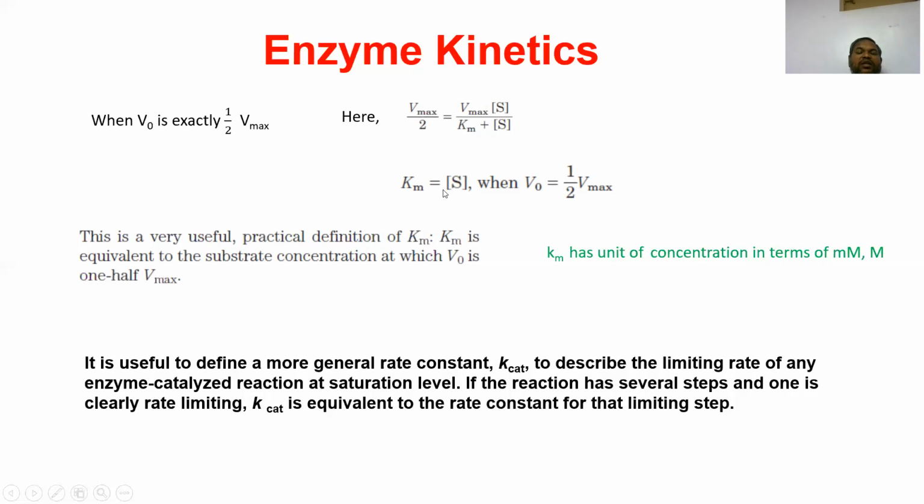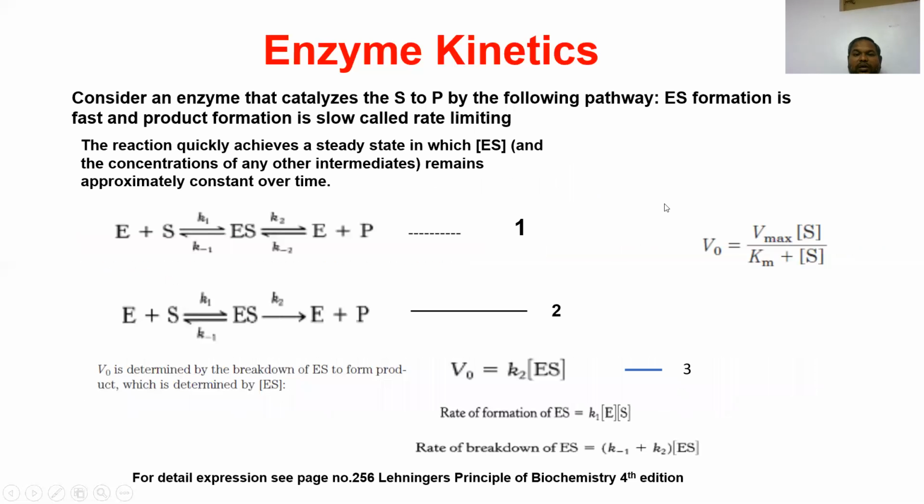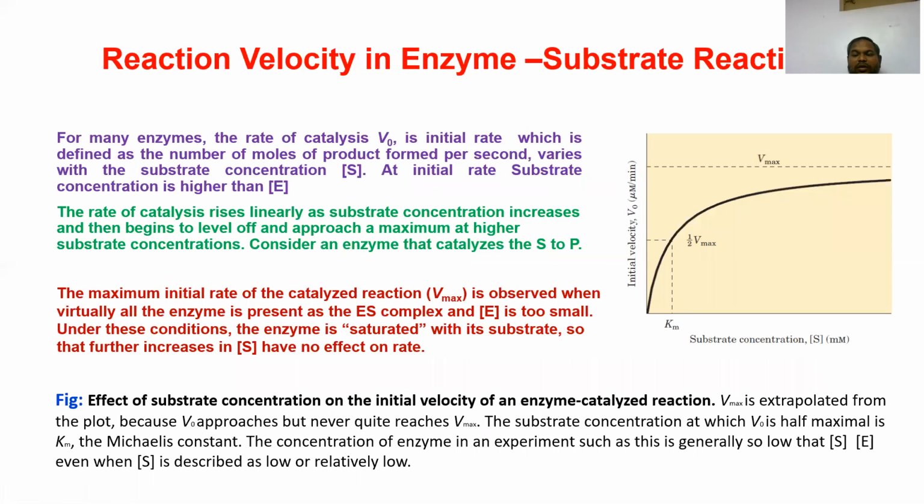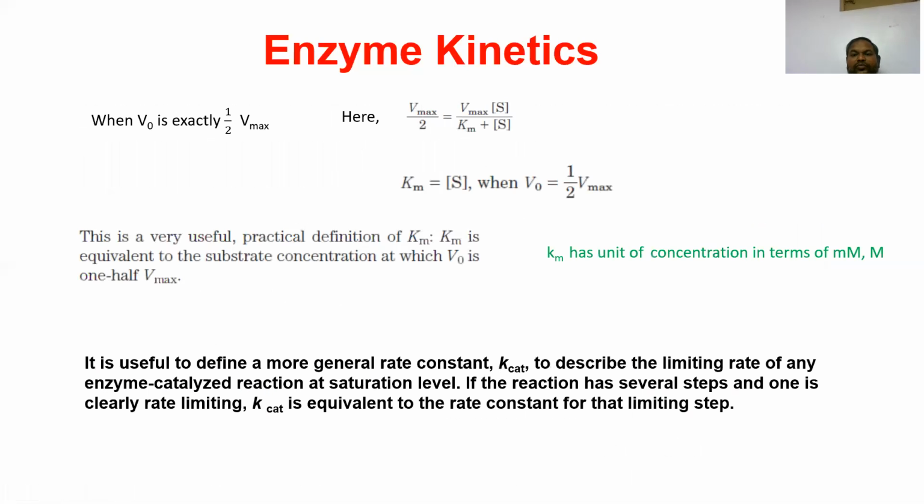Km is basically the substrate concentration when your V0 is half of Vmax. If you see this plot, you can find out the Km when V0 becomes half Vmax. Now, what is the unit of Km?